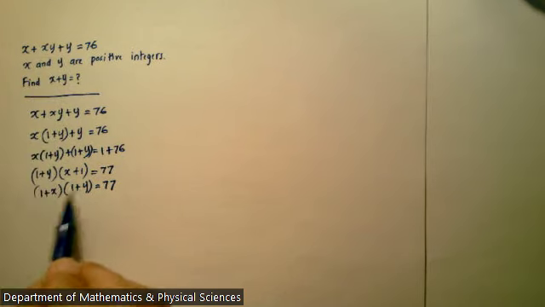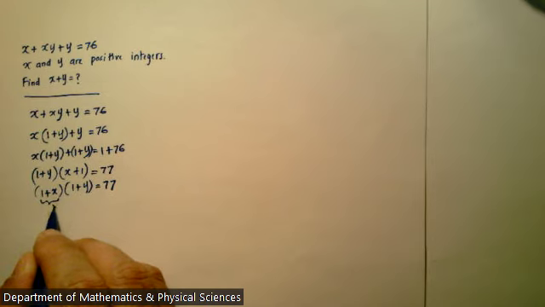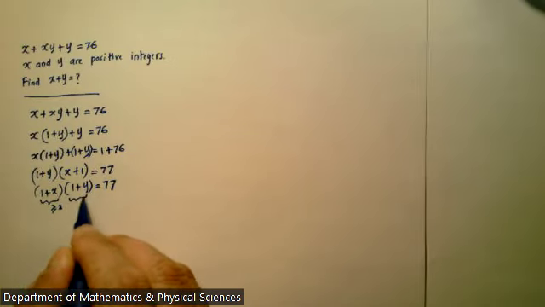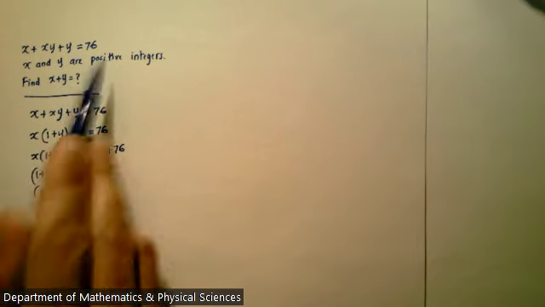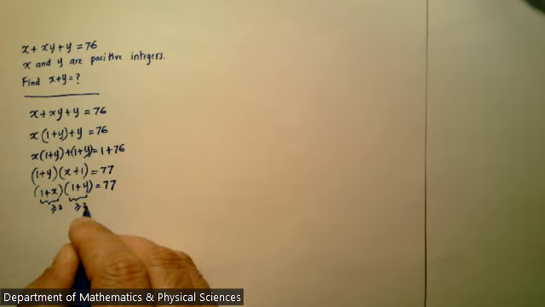If x is greater than or equal to 1, 1 plus x should be greater than or equal to 2, because if this is greater than or equal to 1, adding 1 to that should be greater than or equal to 2. Same here, because y is greater than or equal to 1, because it's a positive integer, 1 plus y should be greater than or equal to 2.